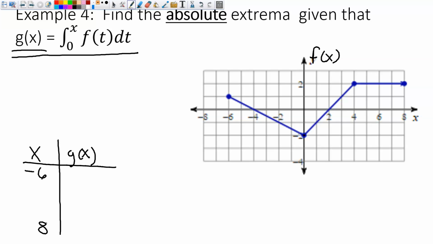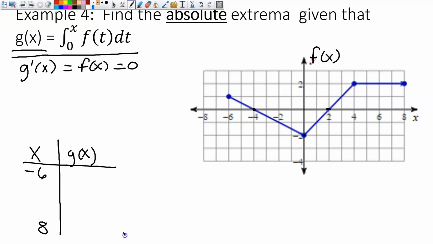Now we want to find our critical values, okay? So how do you find critical values? That's where the derivative, which is what? F of x equals what? 0 or undefined. The undefined doesn't really apply here. So where does that graph over there, f of x equals 0? Yep, that's the relative extrema, right?